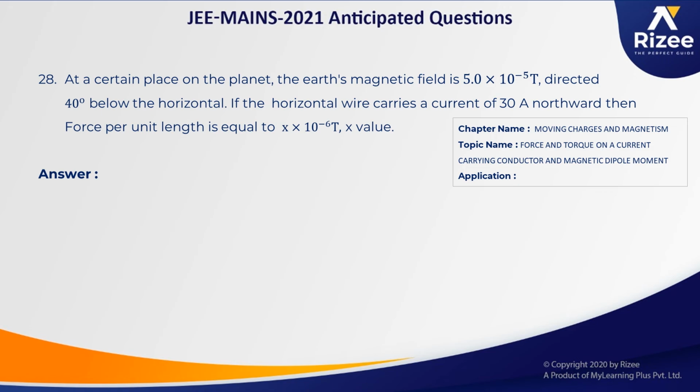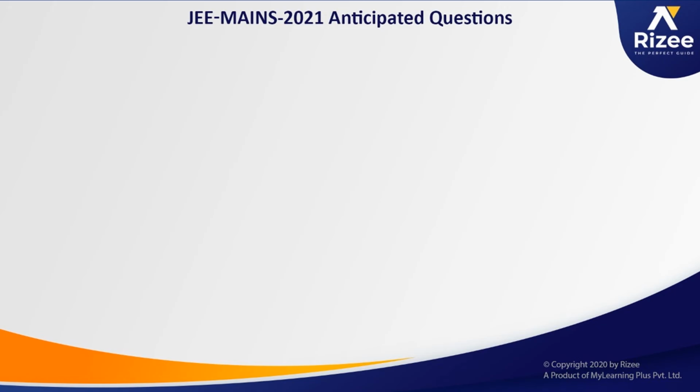So in this case, the question he has given is a little bit fun. At a certain place on the planet where the magnetic field is, the horizontal wire is carrying current. Now let us take a horizontal wire. So this is your horizontal wire in which the current is 3 amperes and it is directed towards the north.